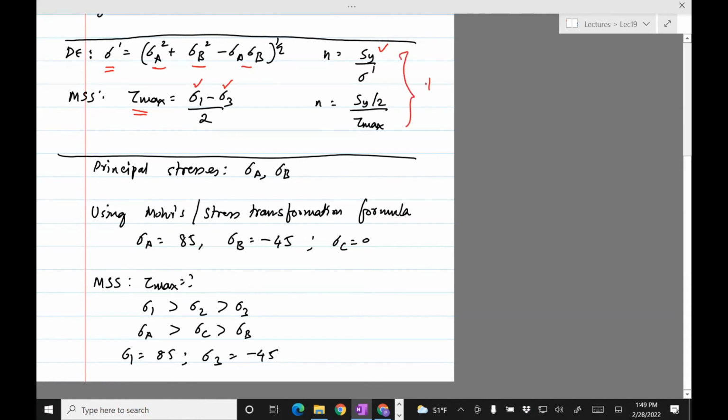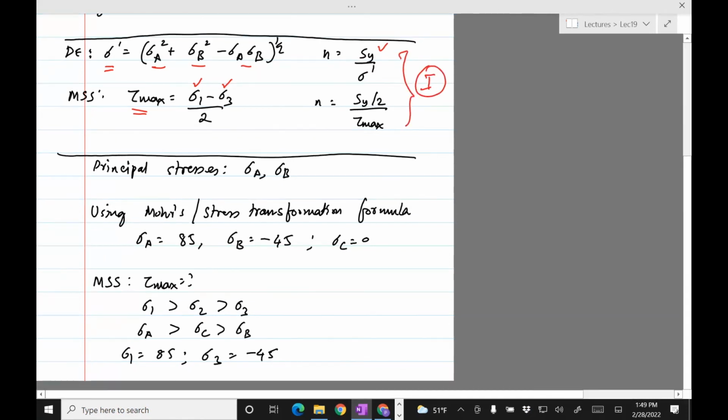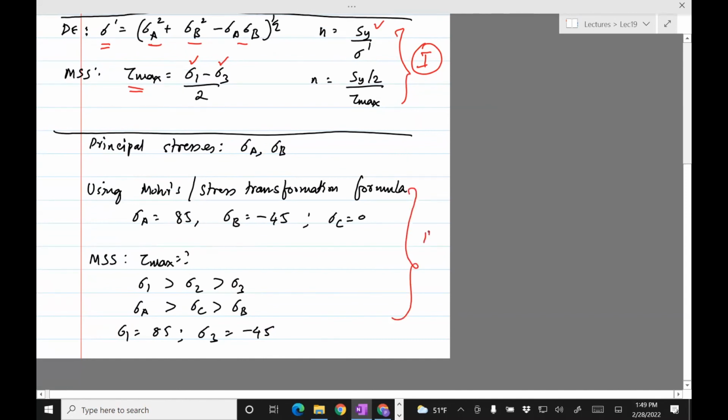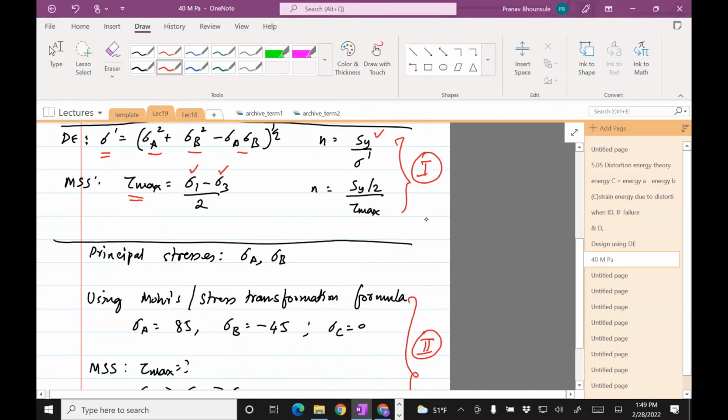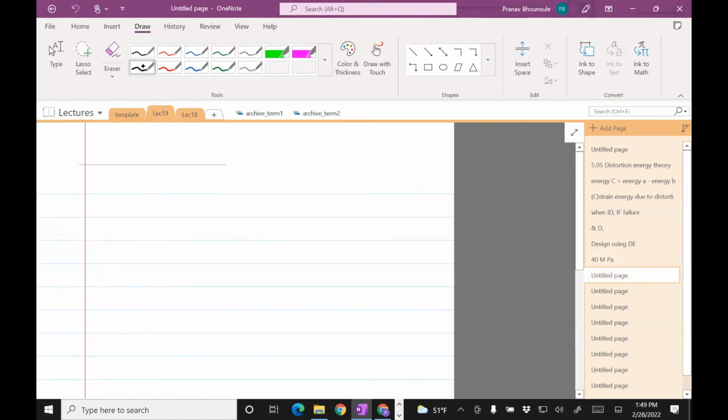Let's call this 1. This is 2. So I'm just going to write down the final answer because I pretty much filled the dots to what we need. So substituting 2 in 1 and using Sy equals 250, we have n for distortion energy comes out to be 2.18.